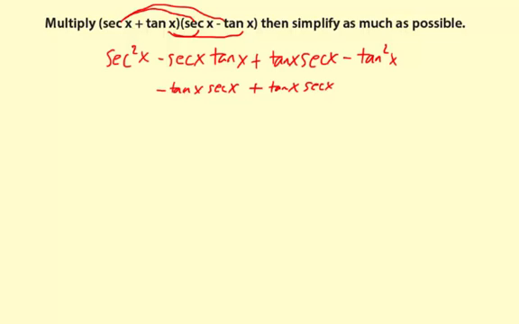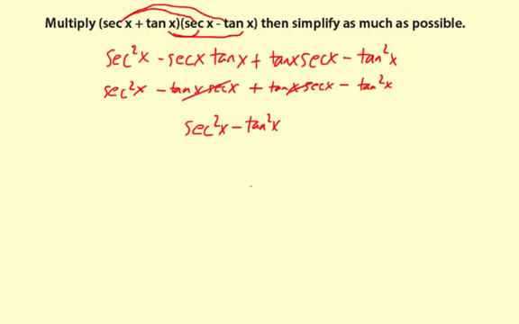And then you can see right here what happens is these just simplify out, and then you have the secant squared x in the front, and you have your minus tangent squared x at the end. So these middle terms simplify out, and you simply have secant squared x minus tangent squared x.